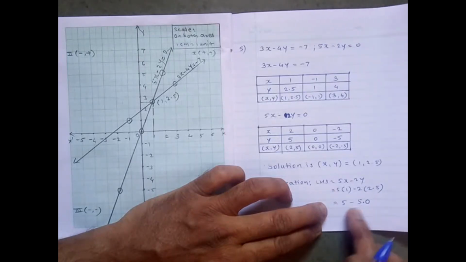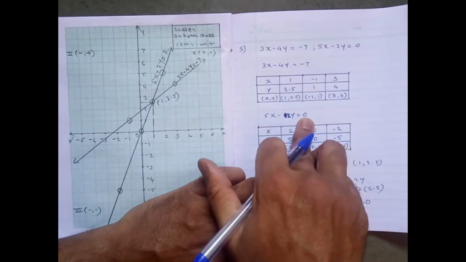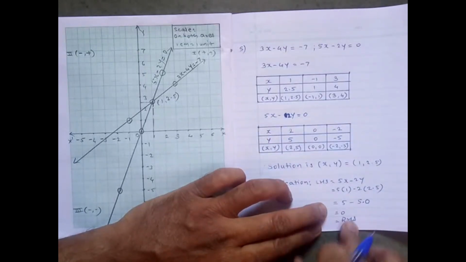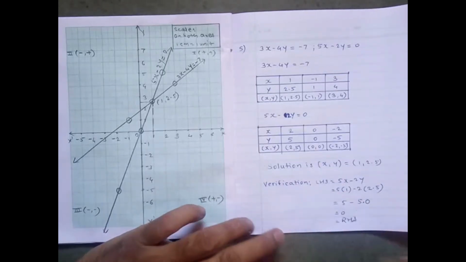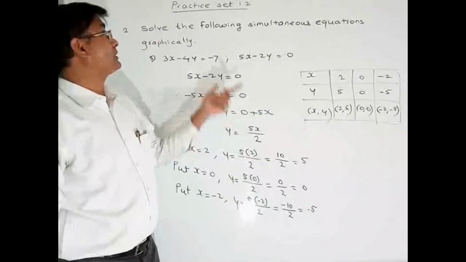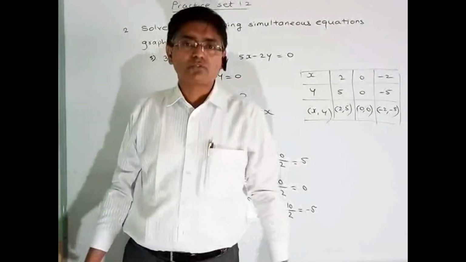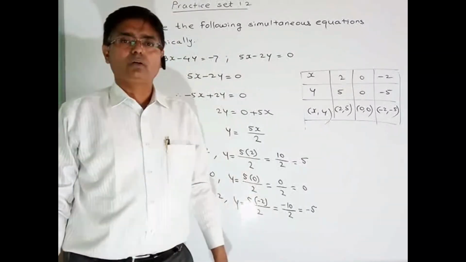So 5 minus 5, answer is 0. It is your RHS. So here RHS is 0, so our answer is correct. This way you can check your answer. So practice set 1.2 is finished here, and the remaining sums are for homework.